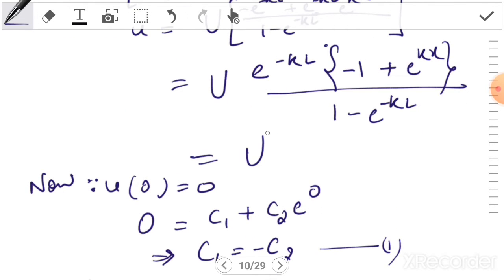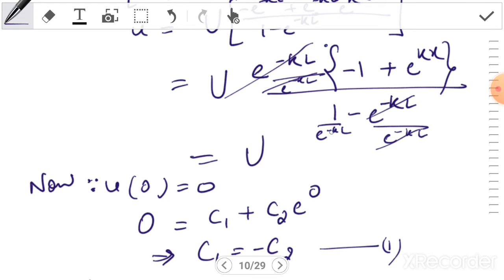Now, if you divide e power minus kl in the numerator and denominator as well, you will have e power minus kl and e power minus kl. So this will get cancelled and this will also get cancelled.